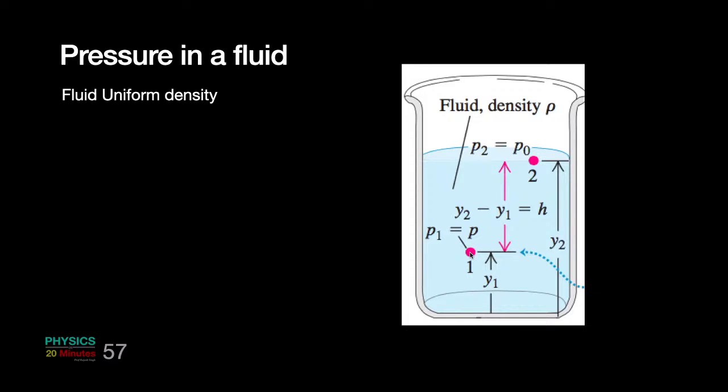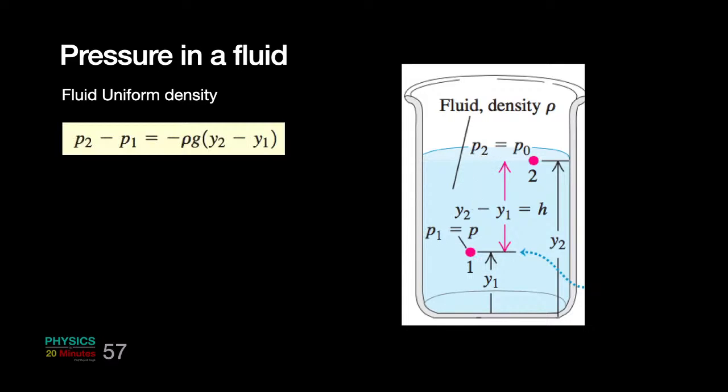So if I call in general pressure at this point as P1 and pressure at this point as P2, then P2 minus P1, or the pressure difference at these two points, is equal to minus rho g (y2 minus y1).